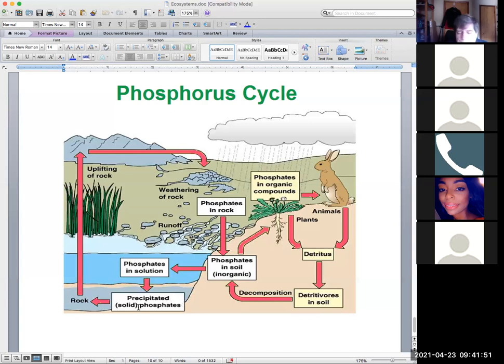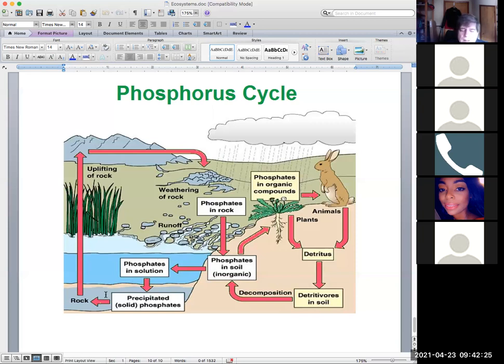Now, these rocks and minerals, once they're formed, don't dissolve in water. If it's an area where there's a lot of acid rain, that can help to dissolve them. But if we're not in an area with a lot of acid rain, then these phosphate-containing rocks don't dissolve. So similar to when we talked about the carbon cycle, notice this is a chemical reaction for the phosphate group to react with something like, say, calcium, and then form a precipitate.